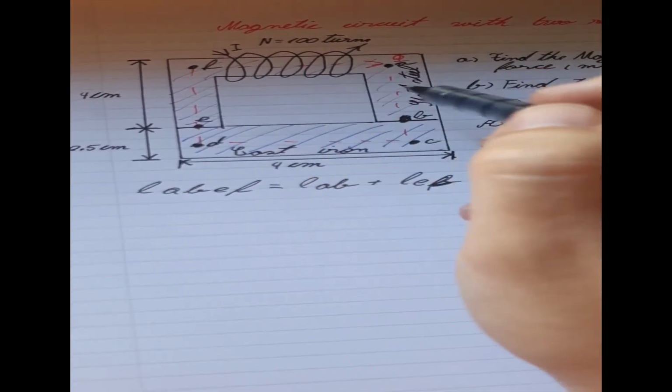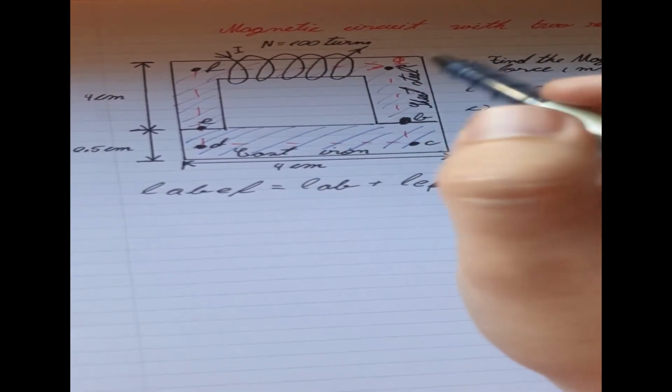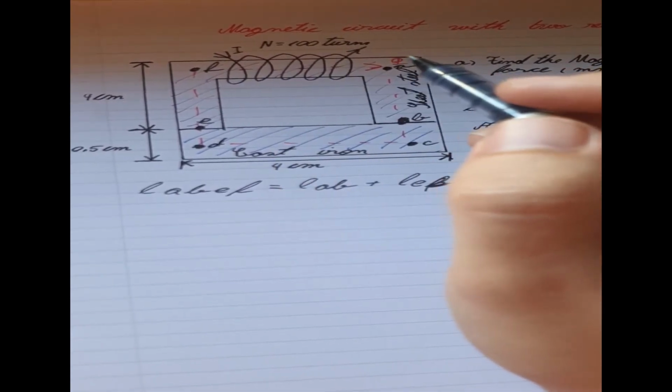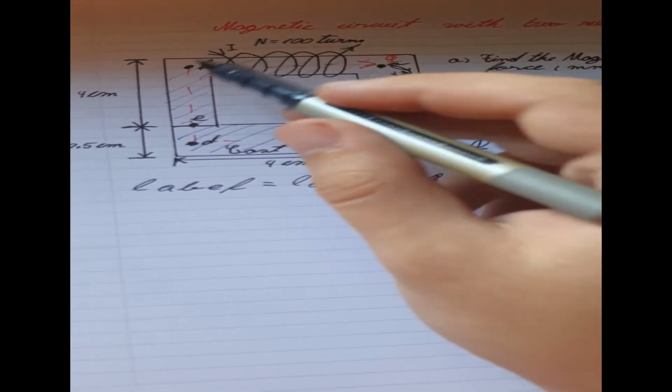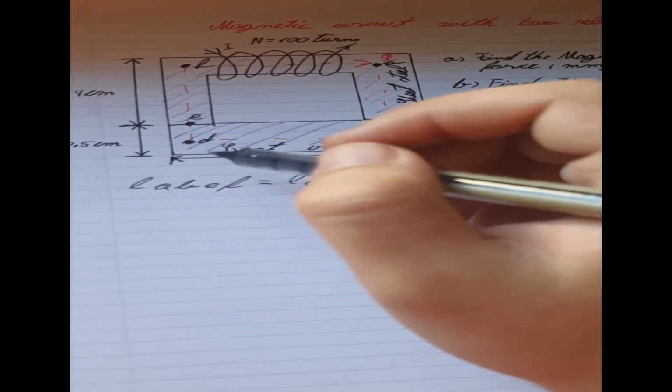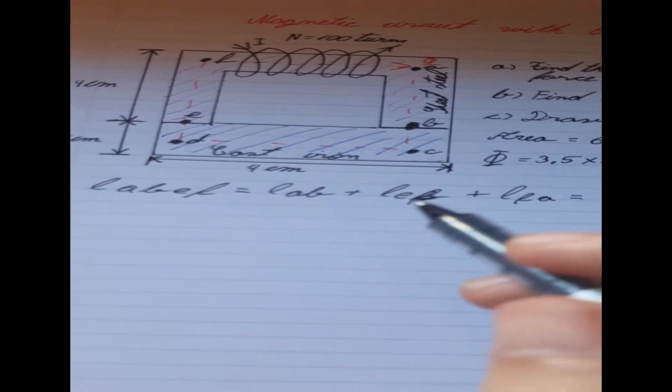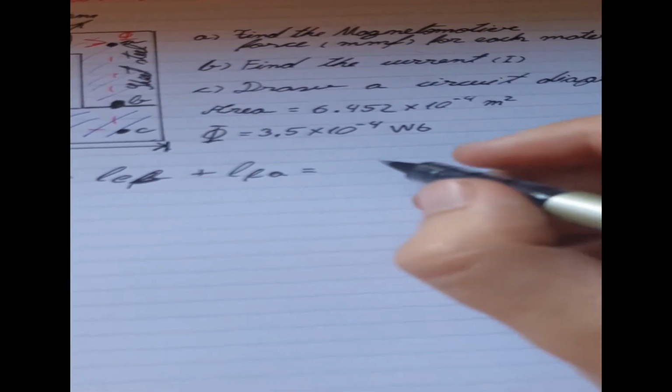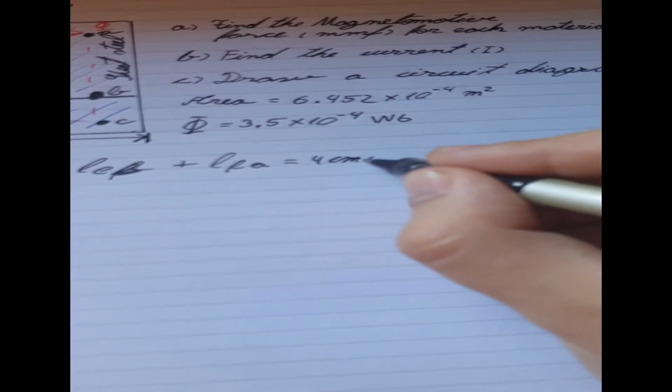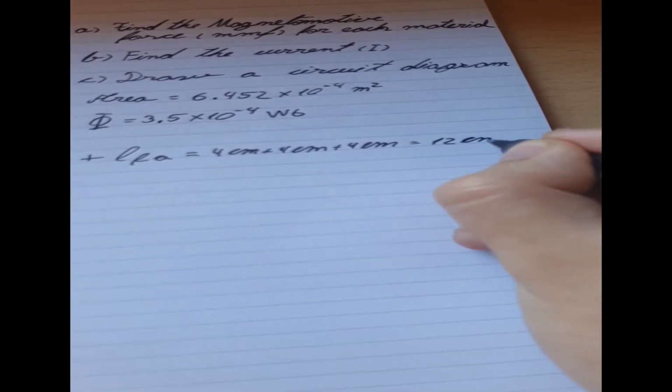And because this is square, we know that this length of E and F is the same as the length of A and B. And the length of F and A is equal to this length here of 4 centimeters. So then the length of A, B, E, and F will be equal to 4 centimeters plus 4 centimeters plus 4 centimeters. That will be equal to 12 centimeters.